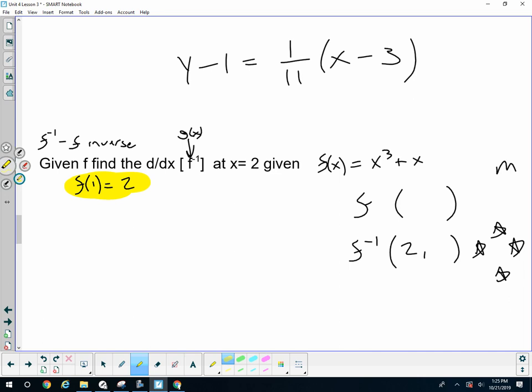We're trying to find g prime of 2. The answer is 1/4. We just need f prime of 1. If you know f prime of 1, you know g prime of 2.